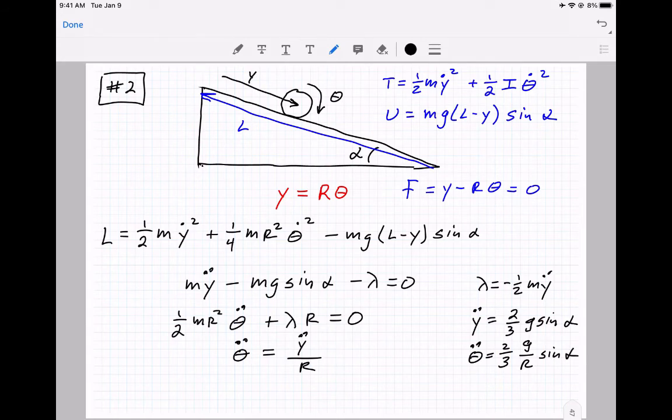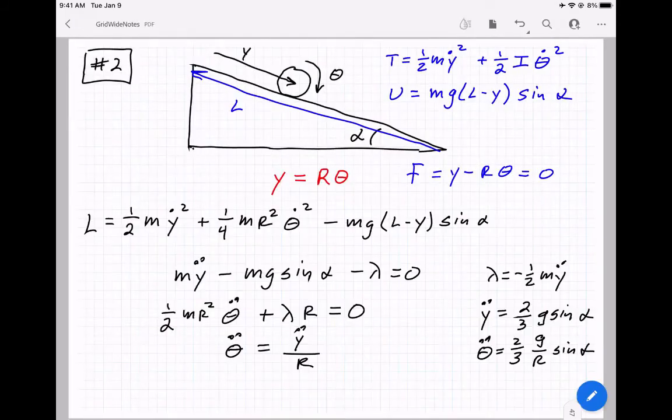And then finally, my lambda, in fact, do I have an equation of constraint? Yeah, okay, so I ran out of room. Let me do it on the next page.